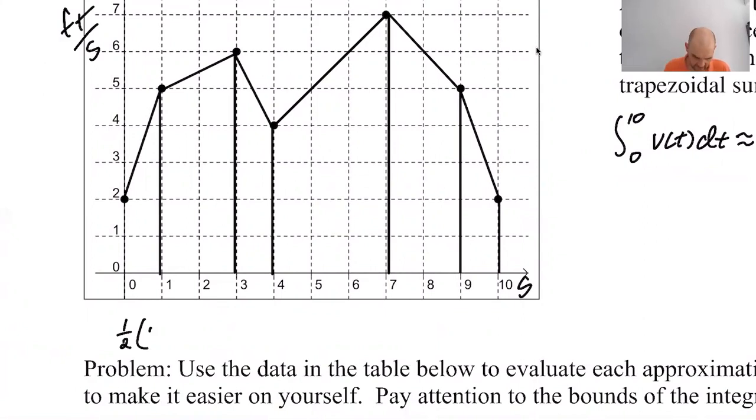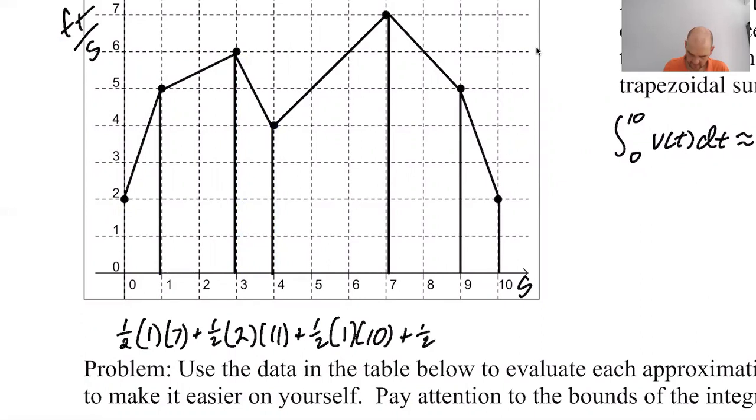So it's 1/2 times 1 times 2 plus 5 is 7. That's our first trapezoid. Then 1/2 times 2, because of this, and then 5 plus 6 is 11. Plus 1/2 times 1 times 6 plus 4, which is 10.